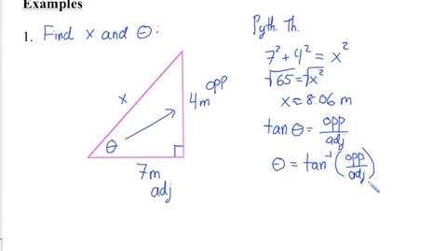Well, again, I know the opposite and the adjacent side, so all I have to do is plug in the numbers here. And take the inverse tangent of 4 over 7. If I plug this into my calculator, again using the shift or second button, I get theta is approximately 29.7 degrees.